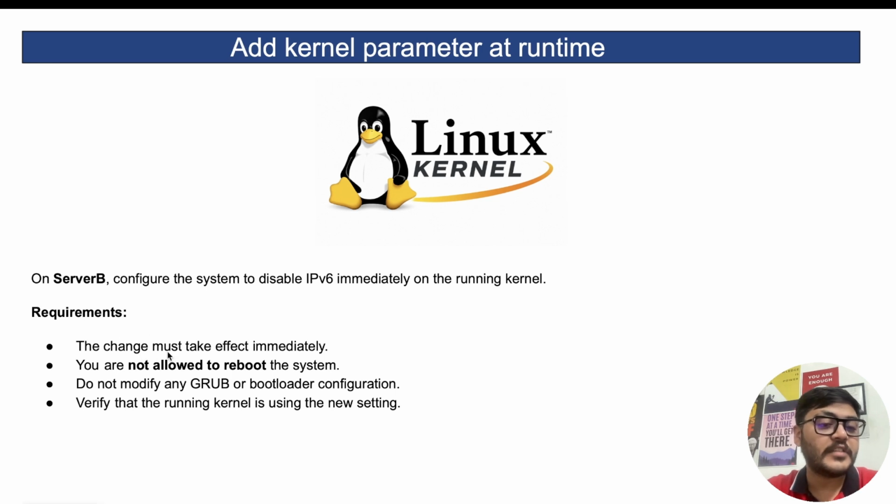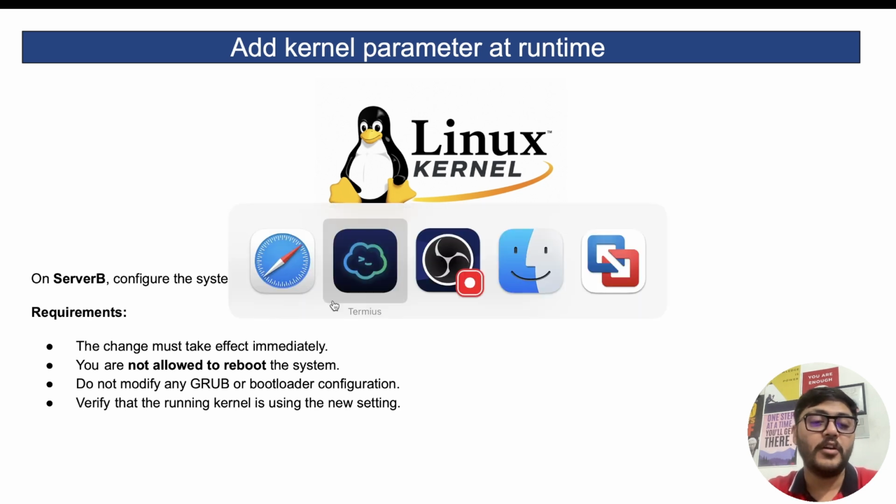The requirements: the change must take effect immediately, and you are not allowed to reboot the system. If you see something like this, go with sysctl. Do not modify any grub or bootloader configuration, and verify that the running kernel is using the new setting. New setting as in we have to see whether IPv6 is disabled or not.